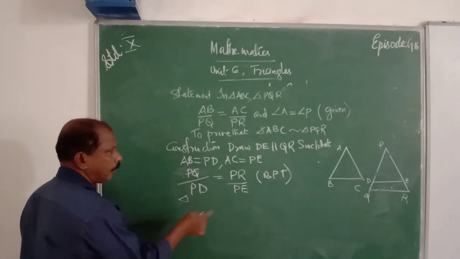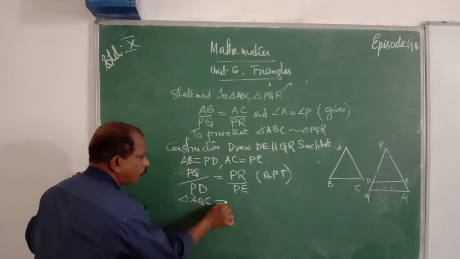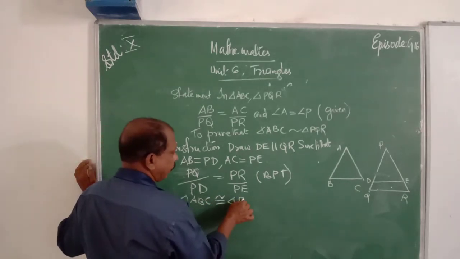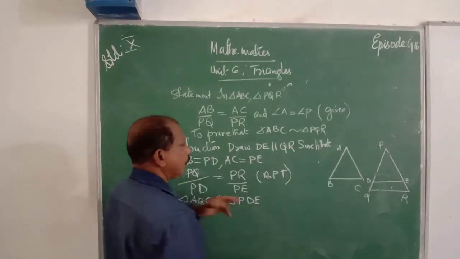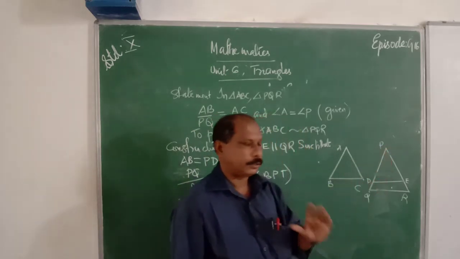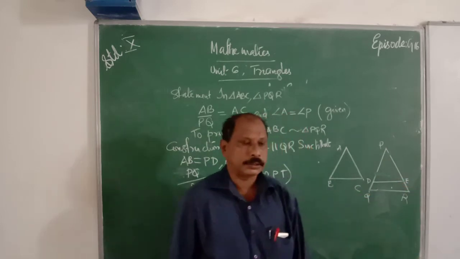Triangle ABC is congruent to triangle PDE. What is the reason? AB is equal to PD, one side. AC is equal to PE, two sides.